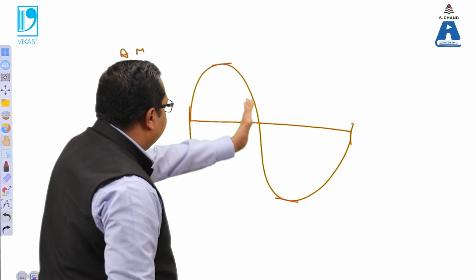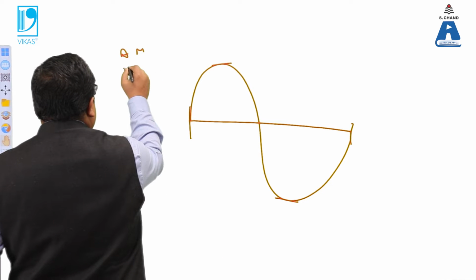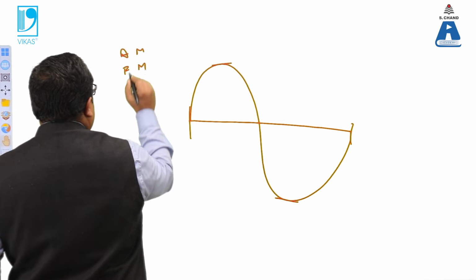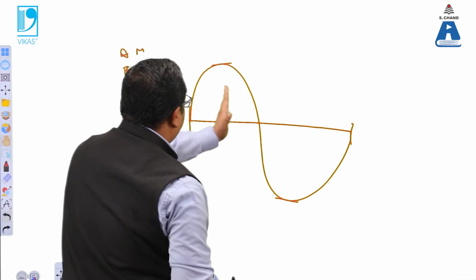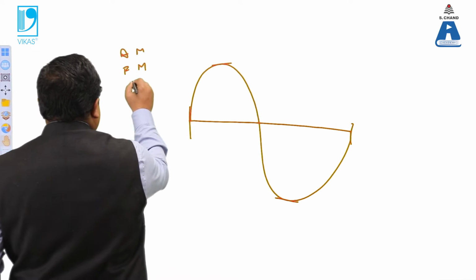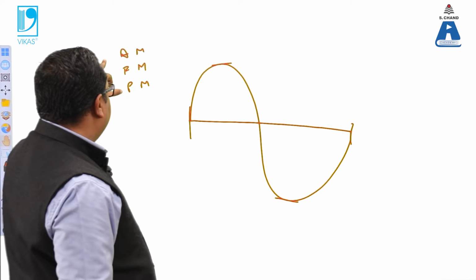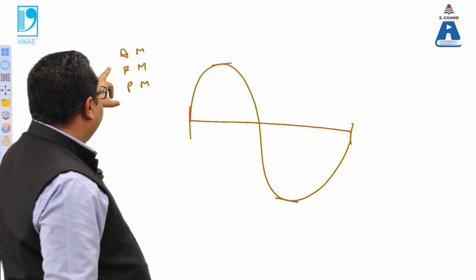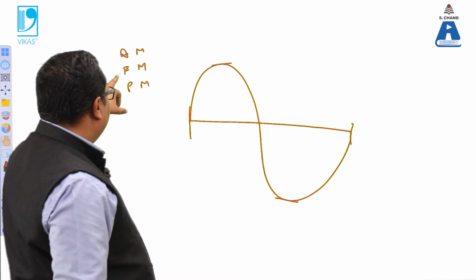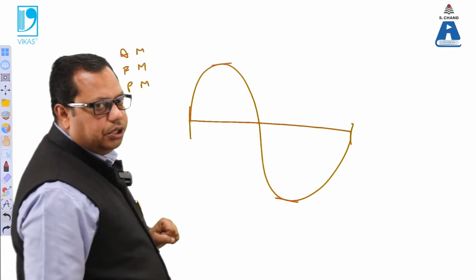When it is happening in the frequency, we say frequency modulation. When it is happening in the phase, we say that phase modulation. So we will study three things: one is amplitude modulation, another is frequency modulation, and then phase modulation.